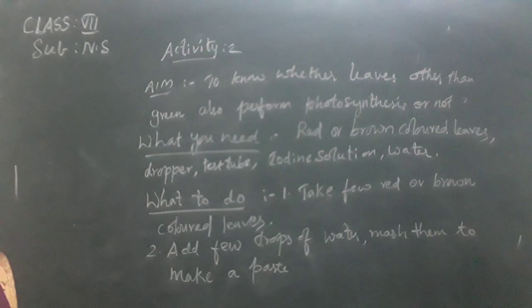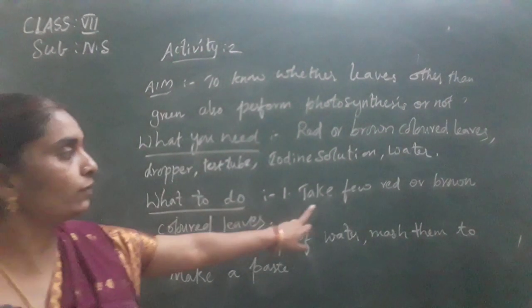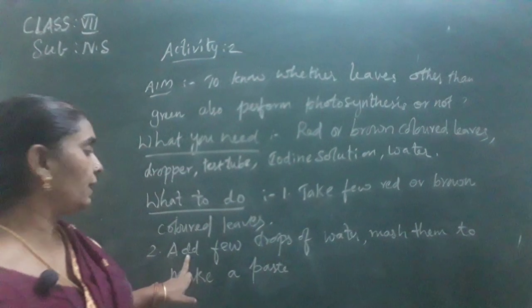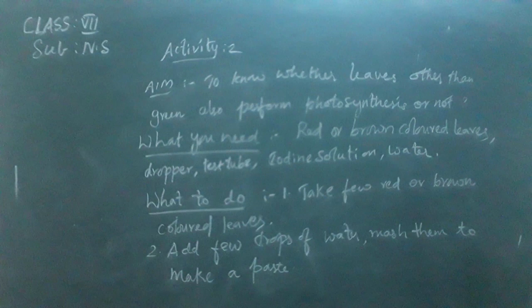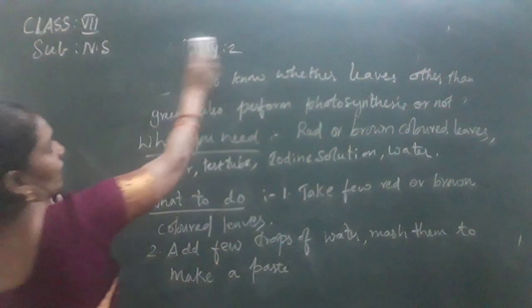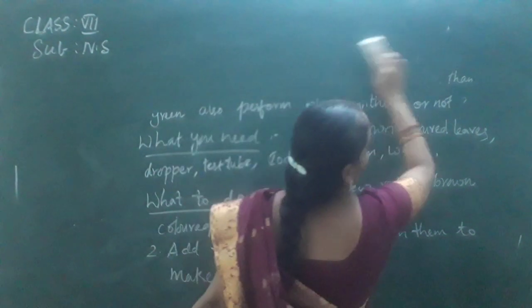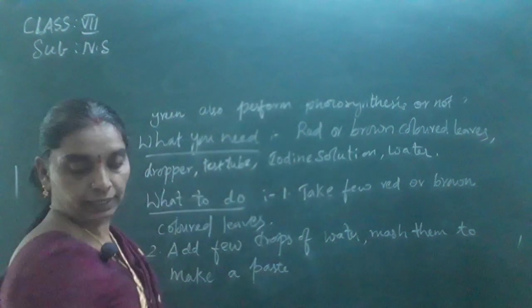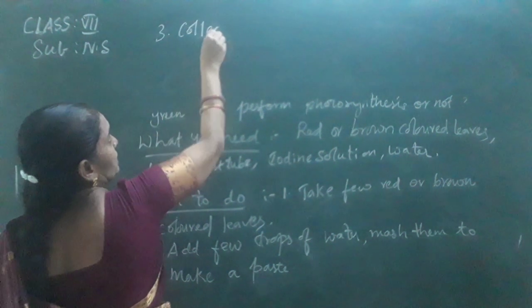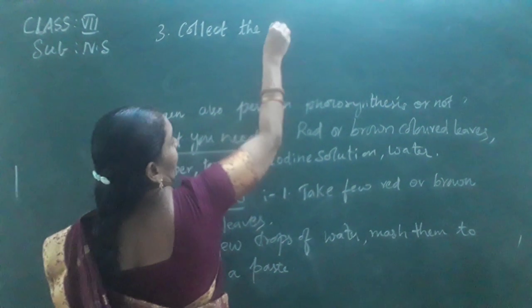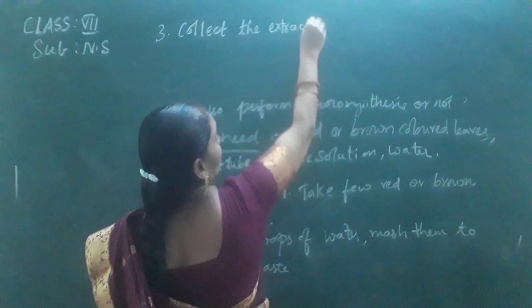Later I will continue, children. First of all, take few red or brown colored leaves and then add few drops of water, mash them to make a paste. Note down. And the third point: after making into paste, you have to collect the extract of the pulp that you have already taken.